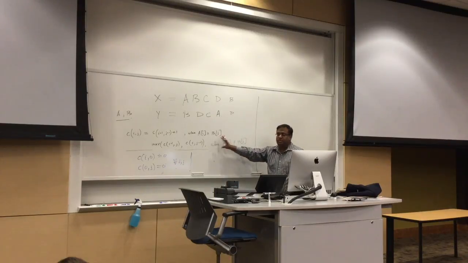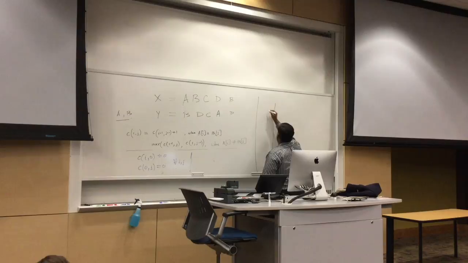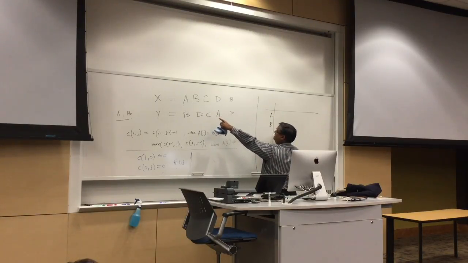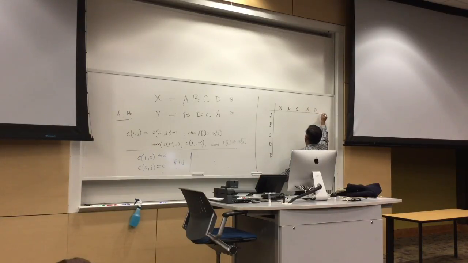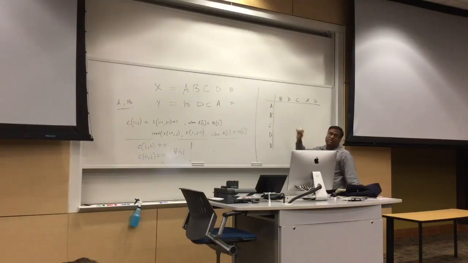We're going to use this rule. So given 2 sequences, the first thing you do is draw a table where you write the first sequence, whichever way you want, C, D, B, and you write B, D, C, A, D. This table that I'm drawing, I don't have it on the slides.